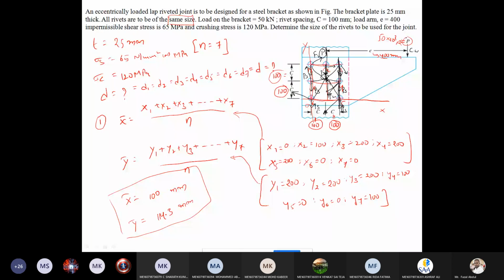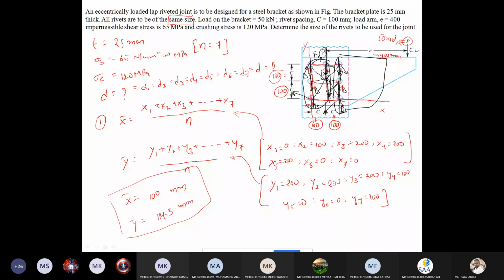Then after distributing, the load goes on the second column, then on the third column. It means actually no need to calculate all these values. Only the first column, whatever is directly facing the load, is enough. So there is a chance of maximum load generated on the first column of rivets.